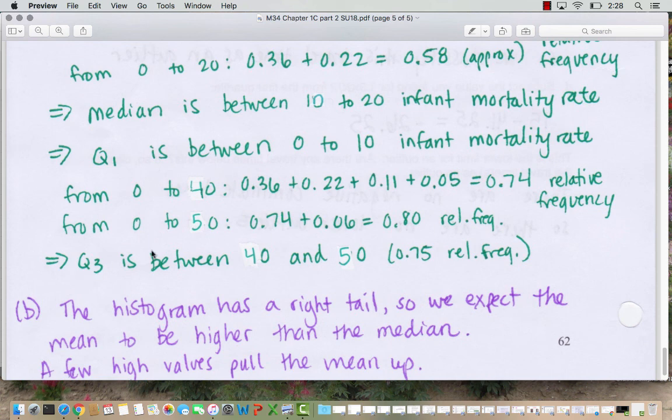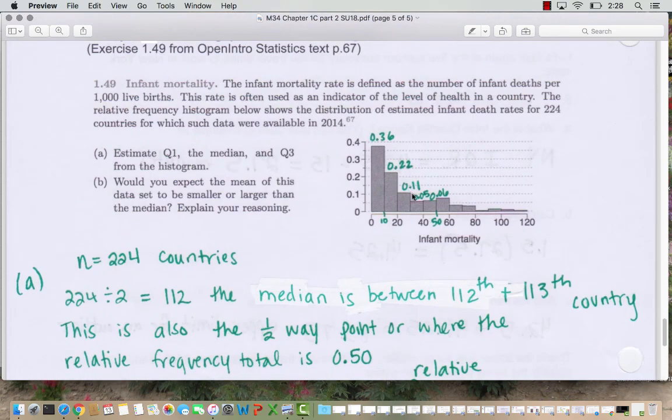So we can say quartile 3 is between 40 and 50 infant mortality rate, somewhere in here on the histogram. We can't say exactly, but we can do a pretty good estimate using our best estimates for the heights of these bars.